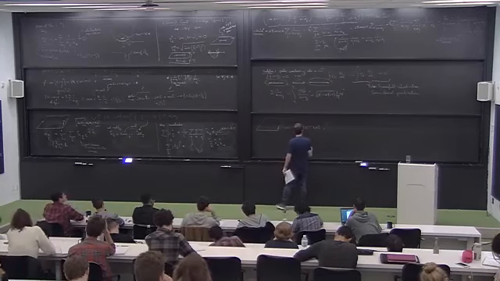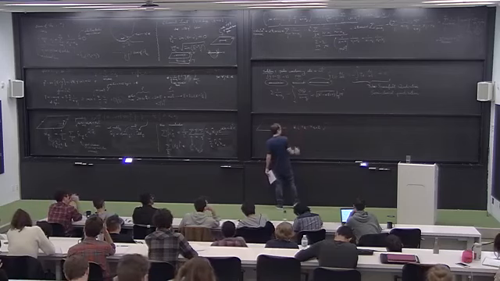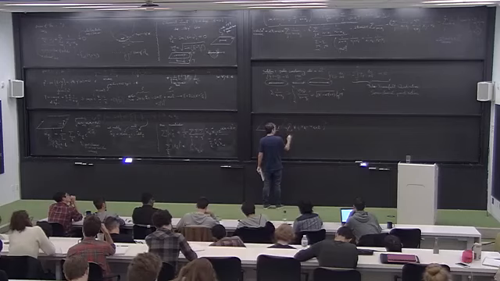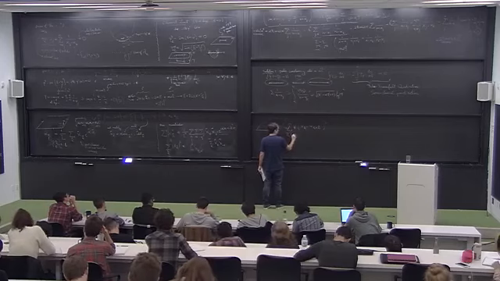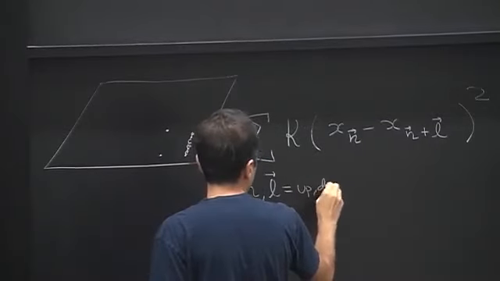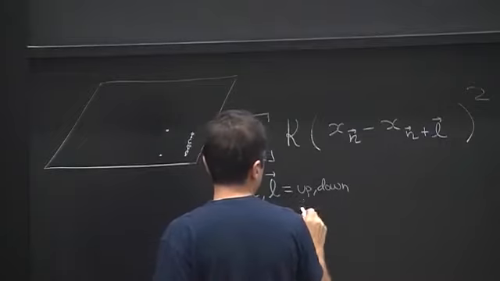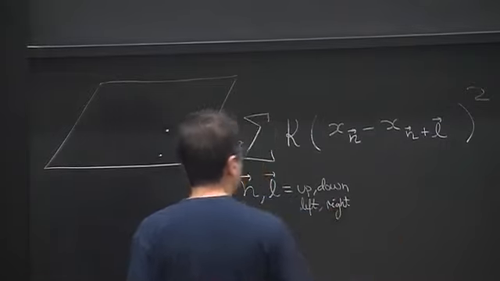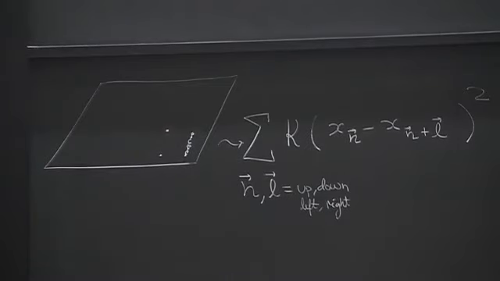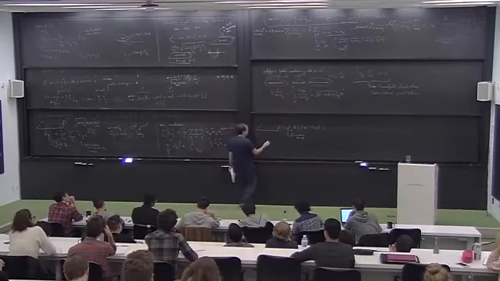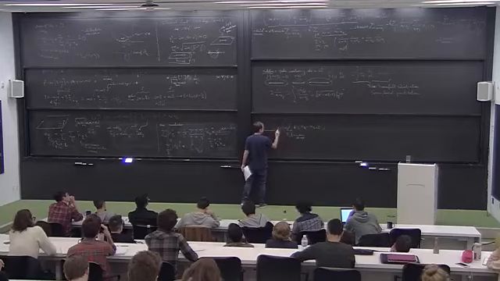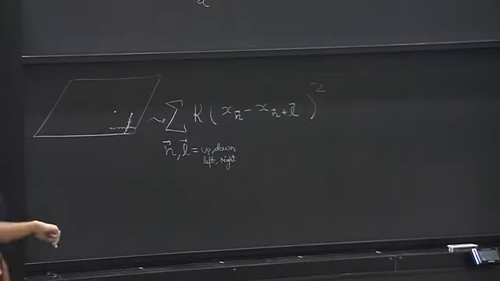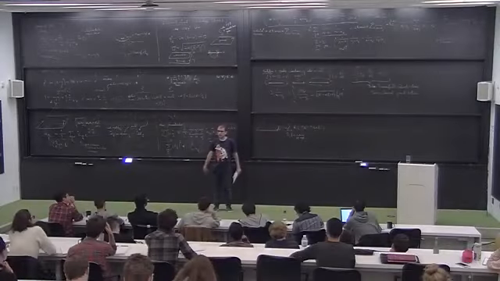I would square it with some constant kappa, and sum over all sites and over L, where L would be up, down, left, right. So L is (0,1), (0,-1), (1,0), (-1,0).